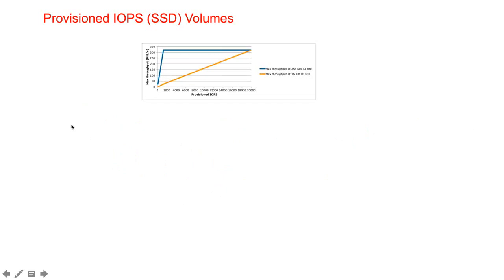Manjunath, your question is that the IOPS are too low, and high performance throughput is also.